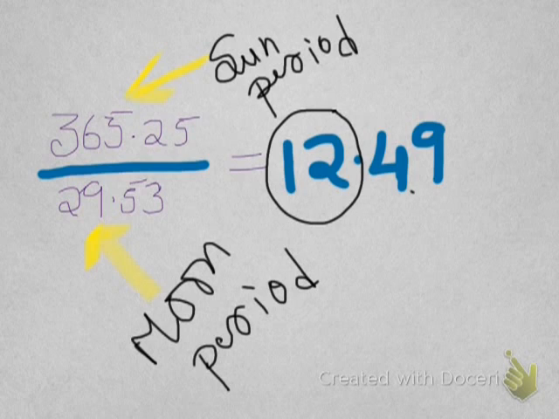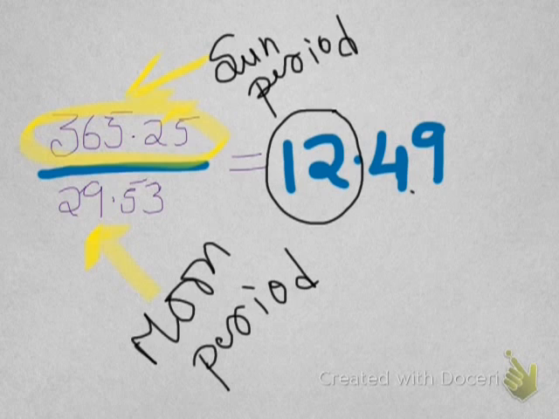The moon takes approximately 29.53 days to make a complete revolution around the earth, and the earth takes 365.25 days to make a complete revolution around the sun.